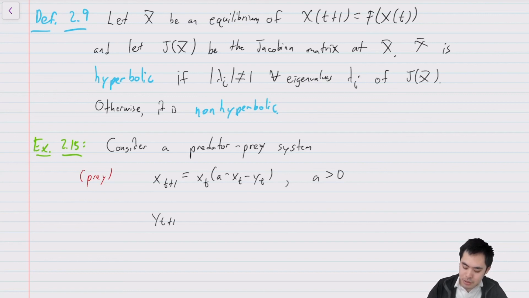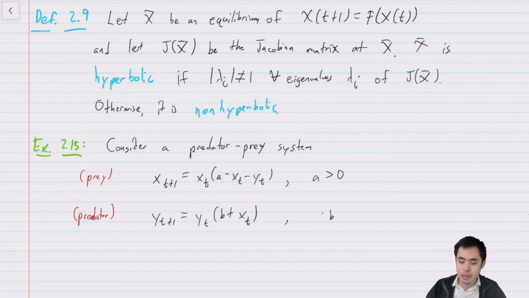So the more predators you have, the slower the growth rate of the prey because they get eaten. The predators are going to be growing at the rate y sub t plus 1 is equal to y sub t times (b plus x sub t) for b greater than 0, less than 1. So the growth rate of the predators is mostly just dependent on the number of prey that are there. If there are more prey, well then the predator grows more quickly.